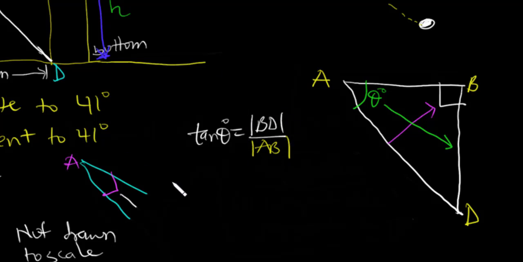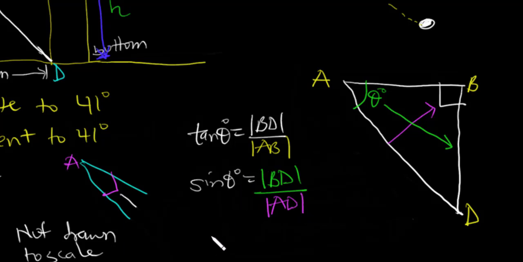And if you are asked to find sine theta, and I think by now you get me right here, sine is opposite over hypotenuse. The opposite side is the length BD, and the hypotenuse is the longest side, and that is the side AD. So sine theta can be expressed as BD over AD.